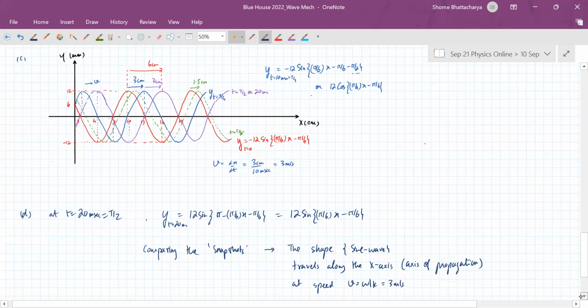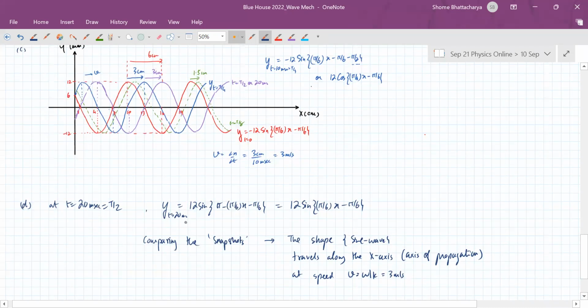But at the same time, the medium particles, you can understand, they are not traveling, they are only oscillating in this case, in SHM, along the y-axis, which is the transverse axis.